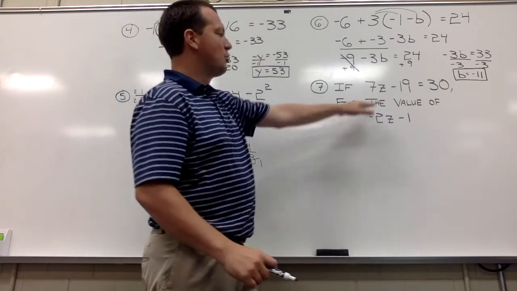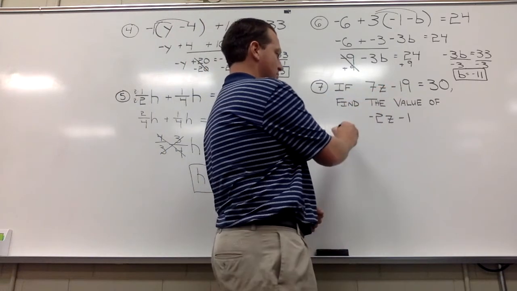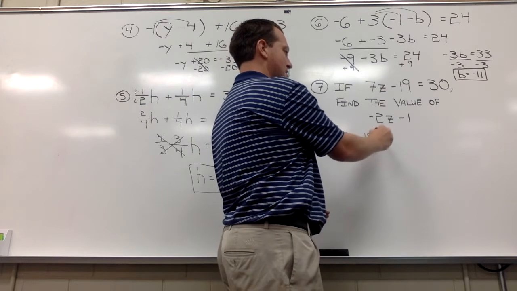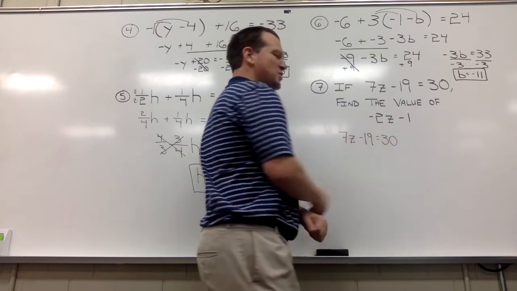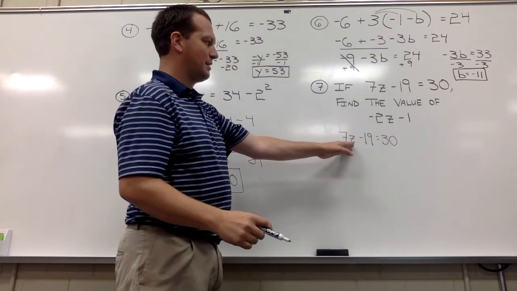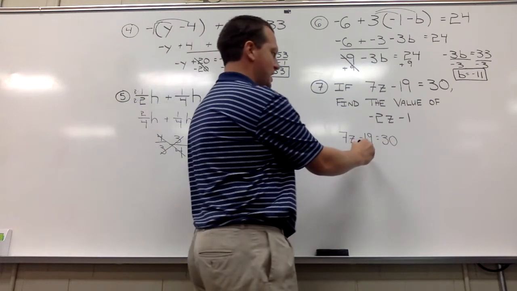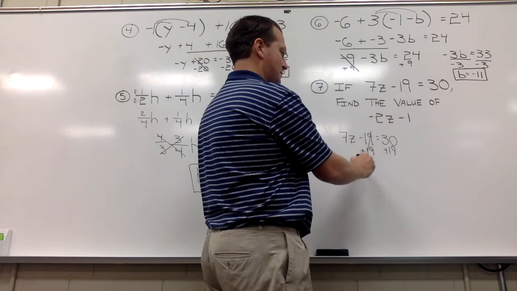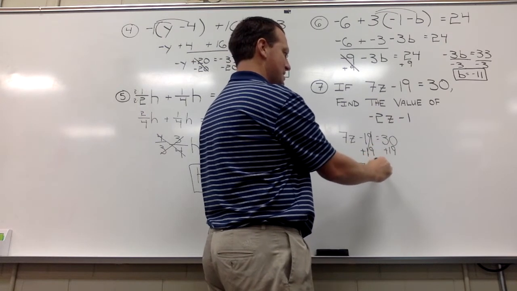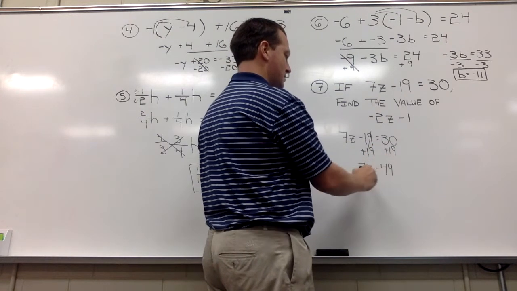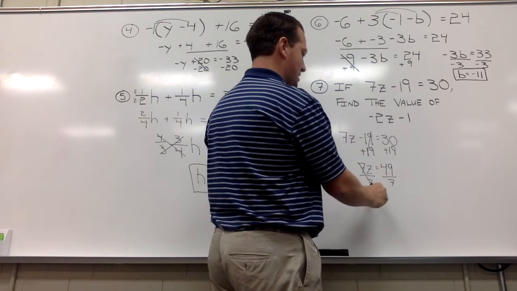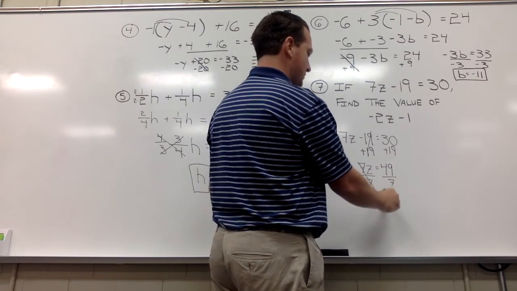First, I am going to take the given equation, in this case 7z minus 19 equals 30, and solve it. So I'm going to get z by itself by first adding 19 to both sides. I'm left with 7z equals 49. Divide by 7, divide by 7. I'm going to have z equals 7.